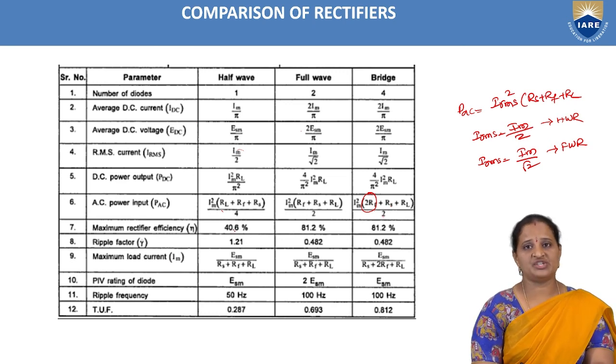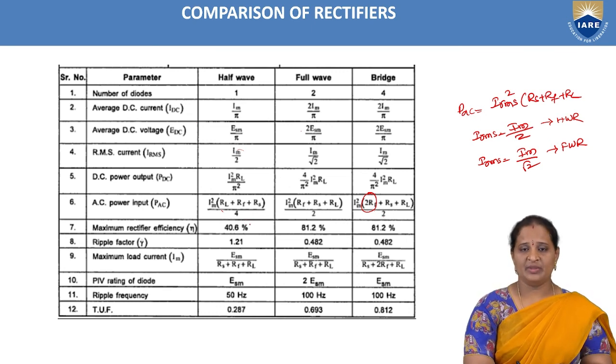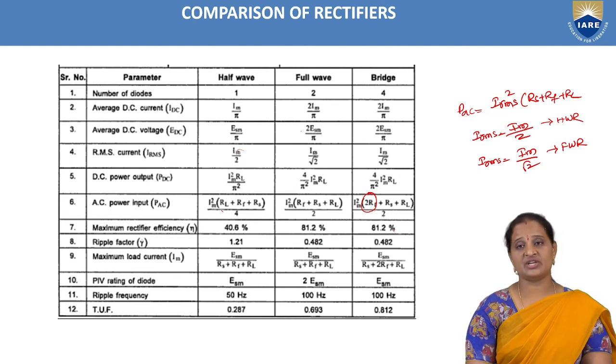Now coming to the efficiency, half wave rectifier is 40.6, whereas center tap full wave rectifier it is 81.2, and for bridge rectifier also it is 81.2.